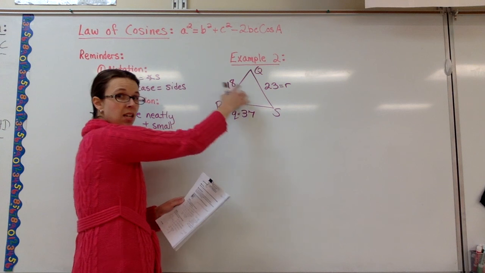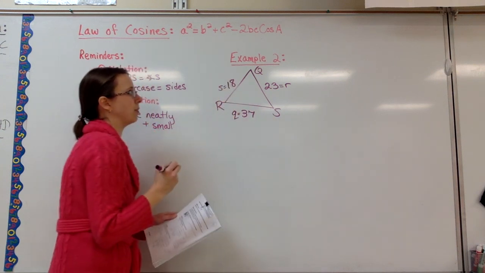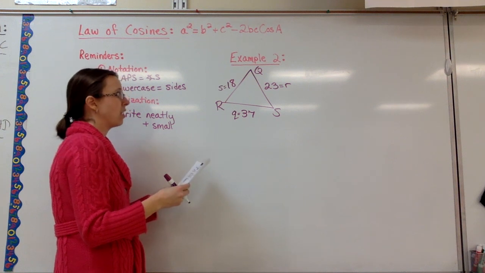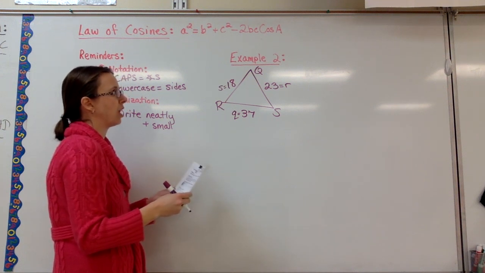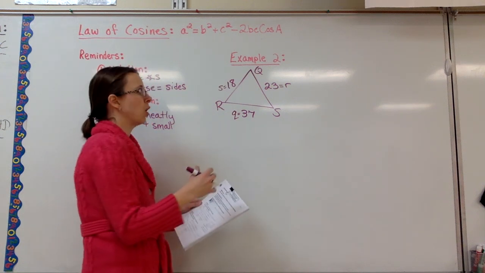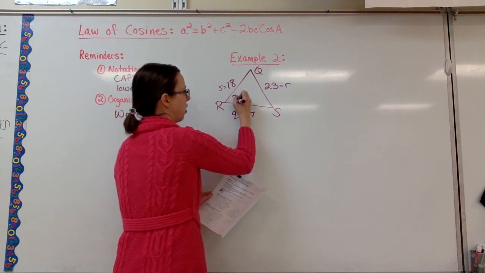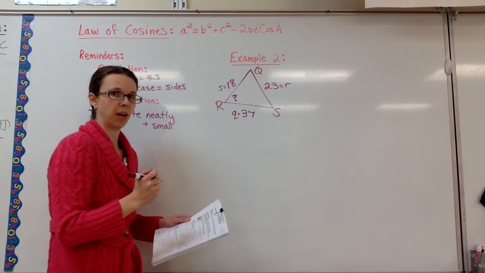And 18 is opposite angle S, so that's going to become little s. Then this time, instead of knowing two sides and an angle and finding that third side, we're going to know three sides and have the unknown be an angle itself, okay?